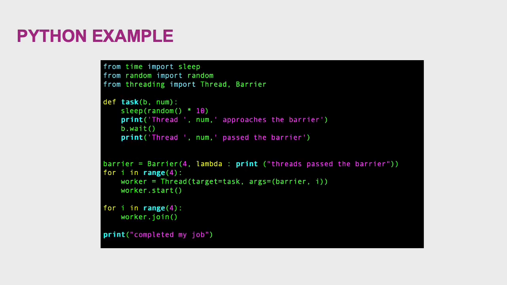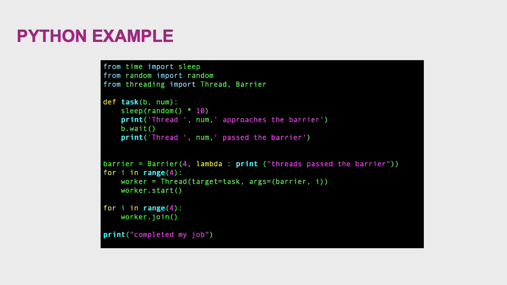Now let's make an update to our application, and let's consider the following example. Basically, the code is almost the same as we have seen so far. So we still have a barrier of 4 threads.